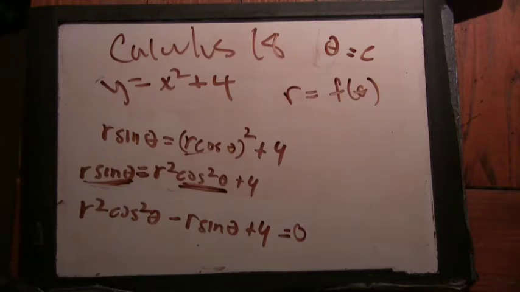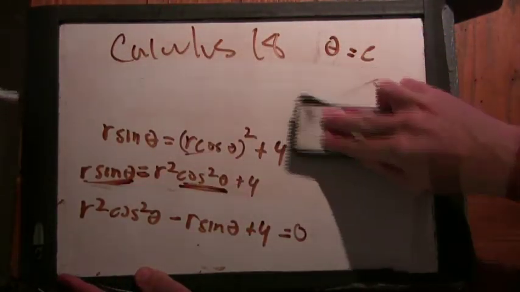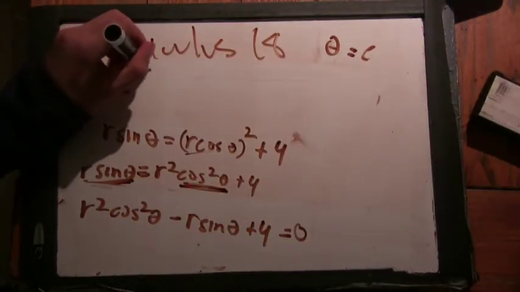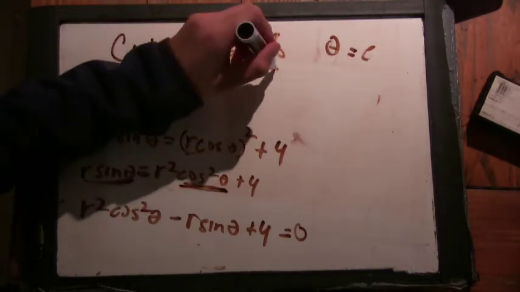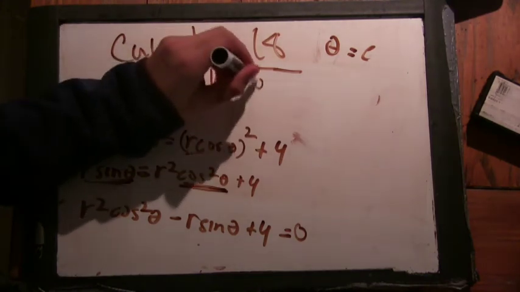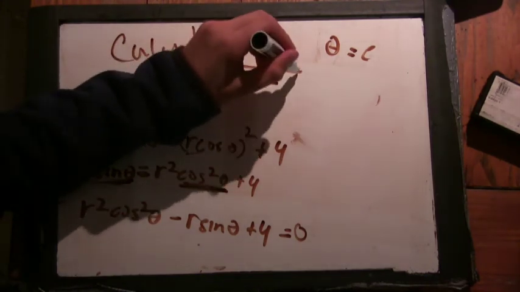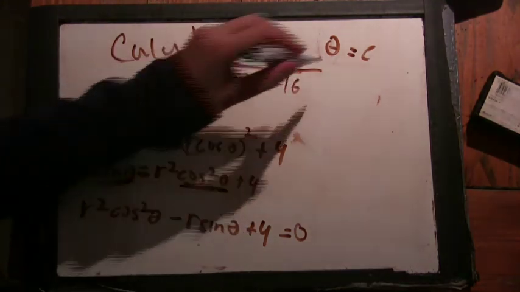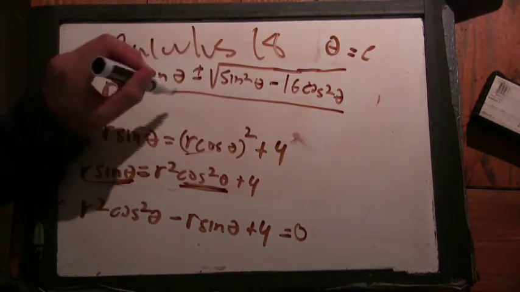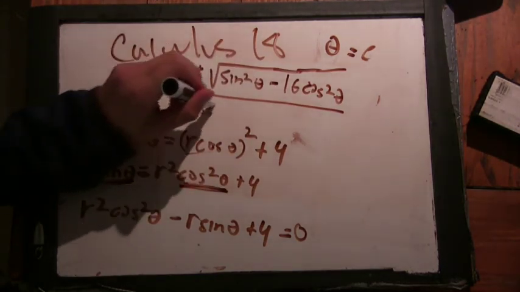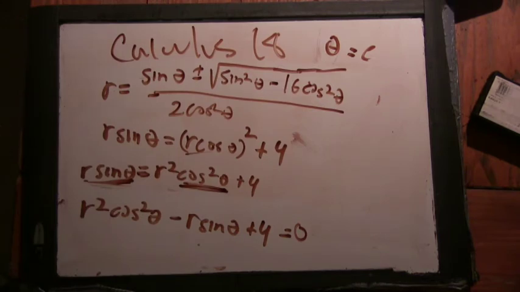So we could use the quadratic formula here to say that r equals sine theta plus or minus the square root of sine squared theta minus 4 times 4 cosine squared theta, whole thing over 2 cosine squared theta.